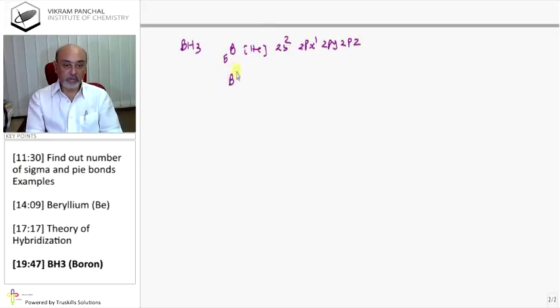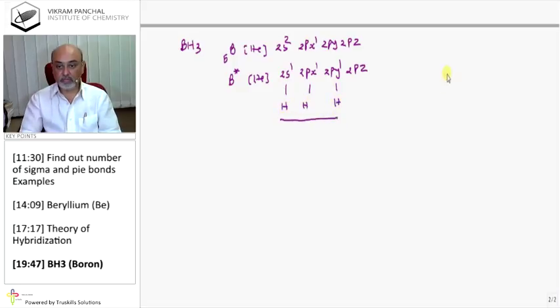So in the excited state, one electron from 2s transfers to 2py, and therefore there are 3 unpaired electrons. 3 different orbitals of boron overlap with each other: one 2s, one 2px, and 2py.